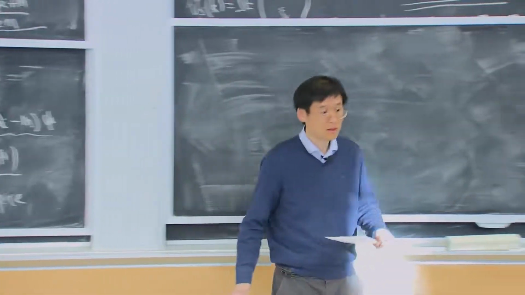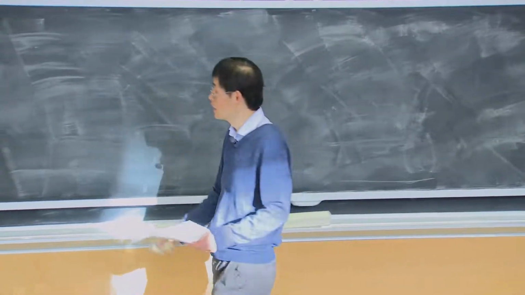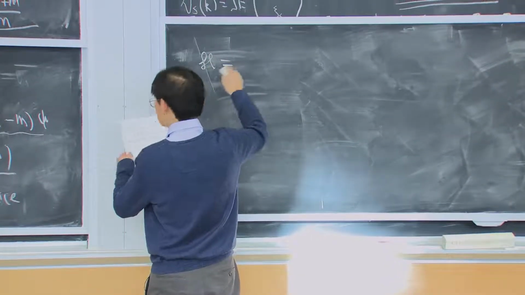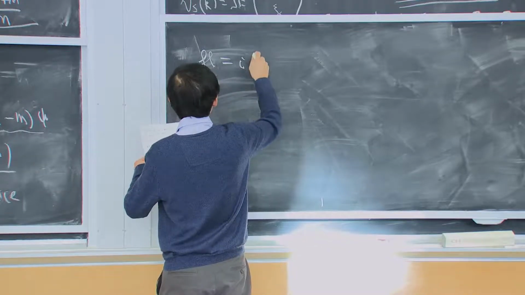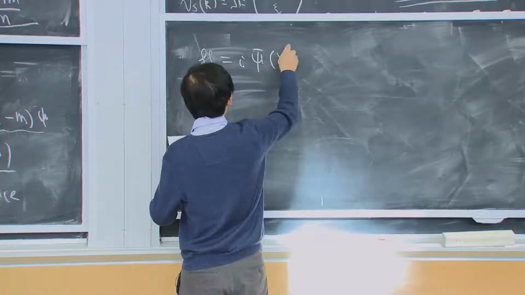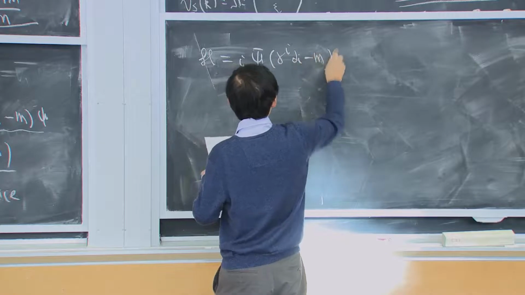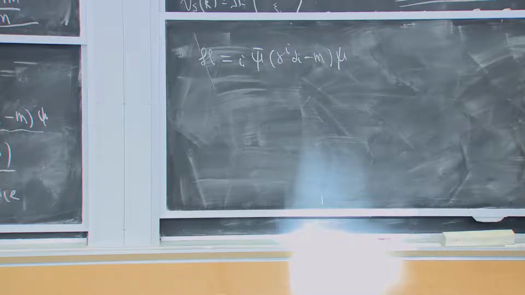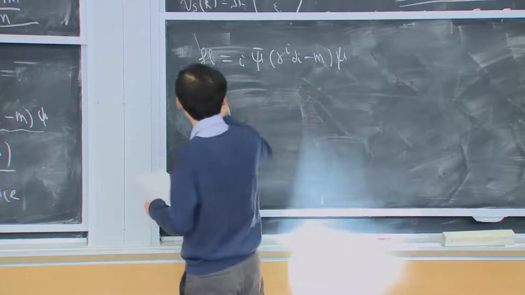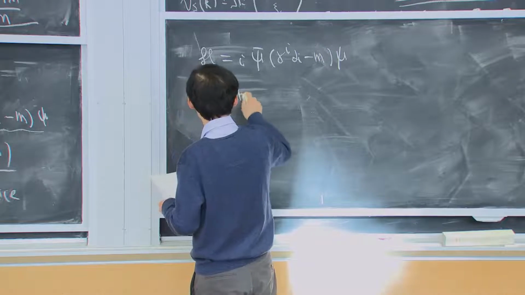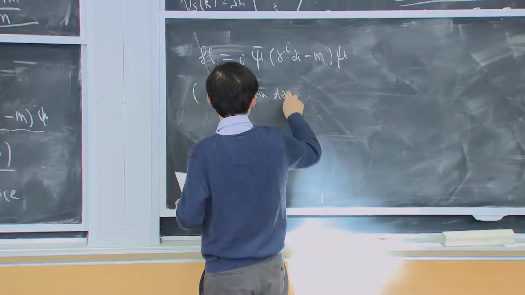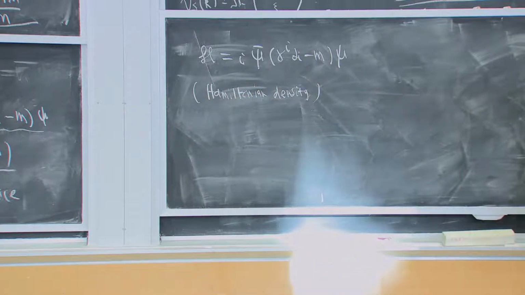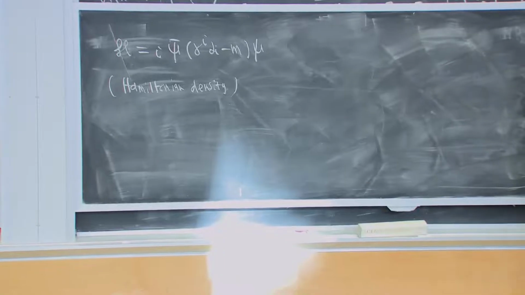And then the Hamiltonian is just equal to i psi bar gamma i partial i minus m psi. So this is the Hamiltonian density.